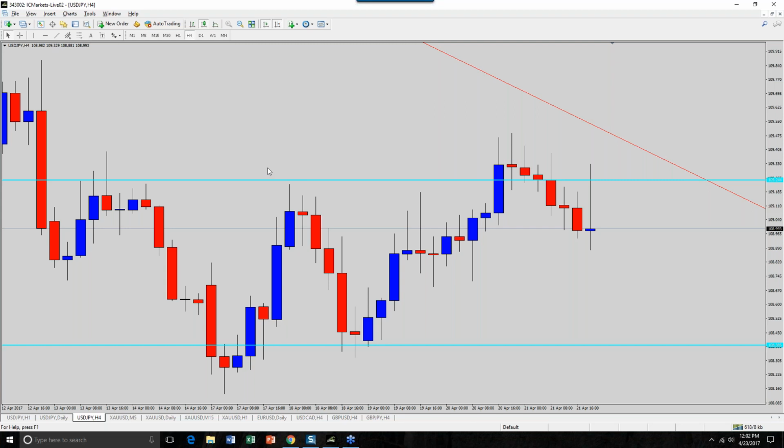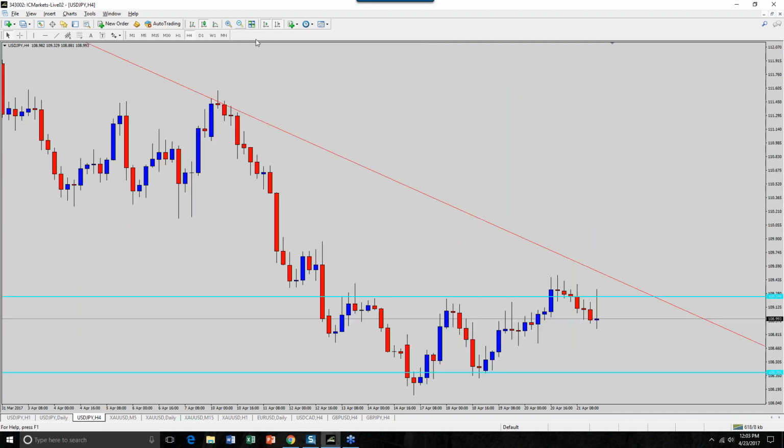You said wicks filling. What does that mean? So wick filling is essentially when you have price that comes up and it pulls all the way down, or in one direction, and then it has to fill that way. So let's zoom out a bit here.